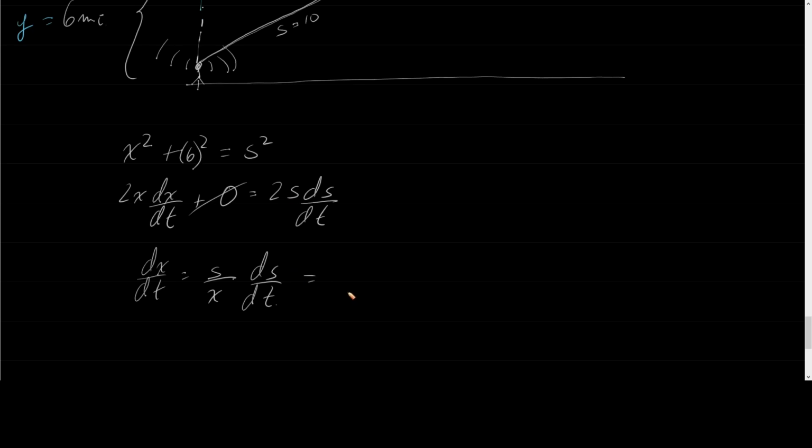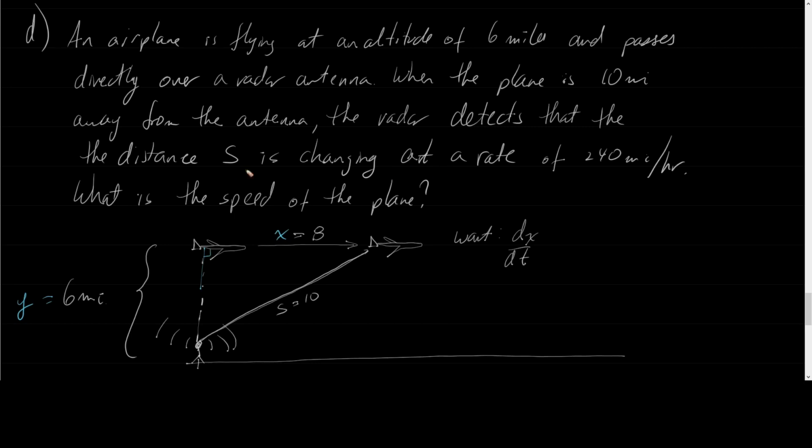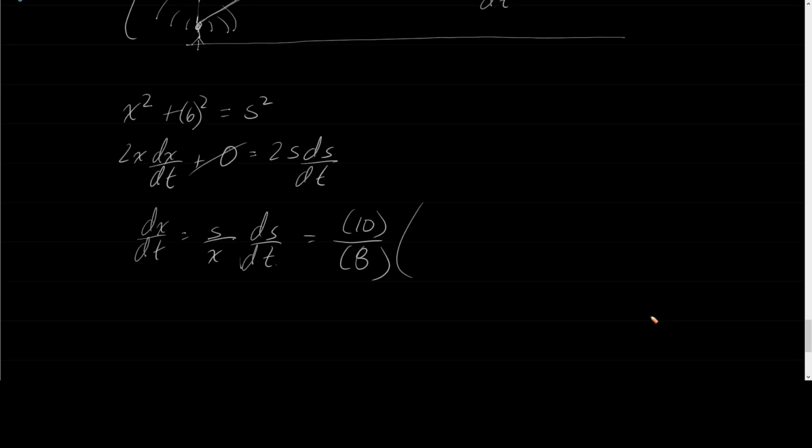So what do I get here? So x is 8. S at the time that we cared about was 10. ds/dt, let's see. In the problem, we were told that the distance s is changing at a rate of 240 miles per hour. So that is the rate of change of s with respect to time. So that's 240.